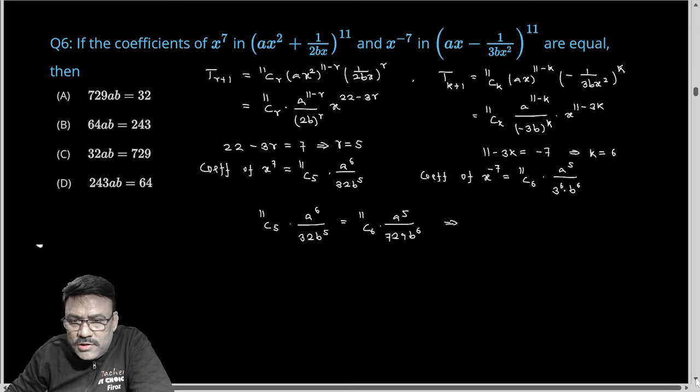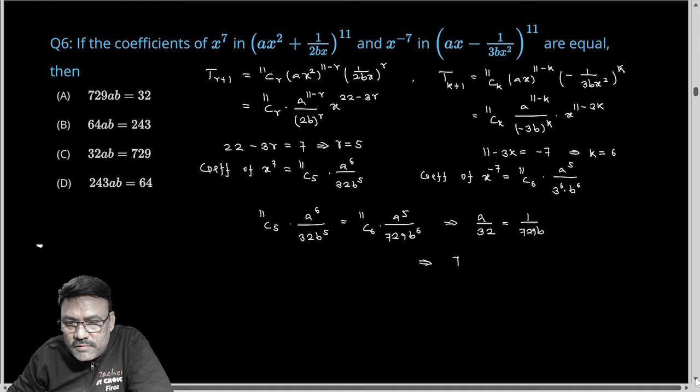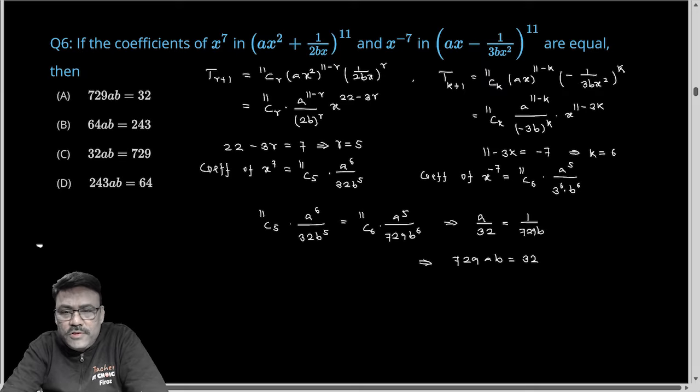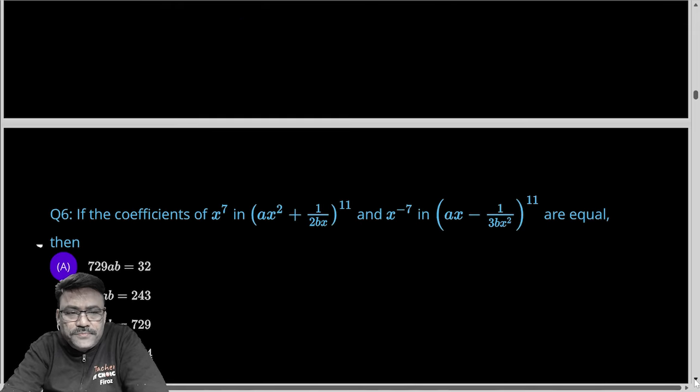So here you are getting a by 32 on the left, and on the right you are getting 1 by 729b. So hence you can say that 729ab is equal to 32. 729ab is equal to 32 means the first option is the correct option here.